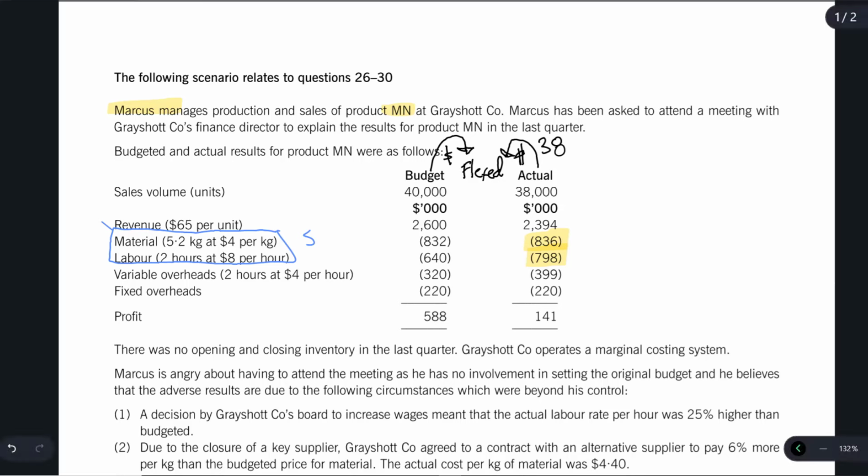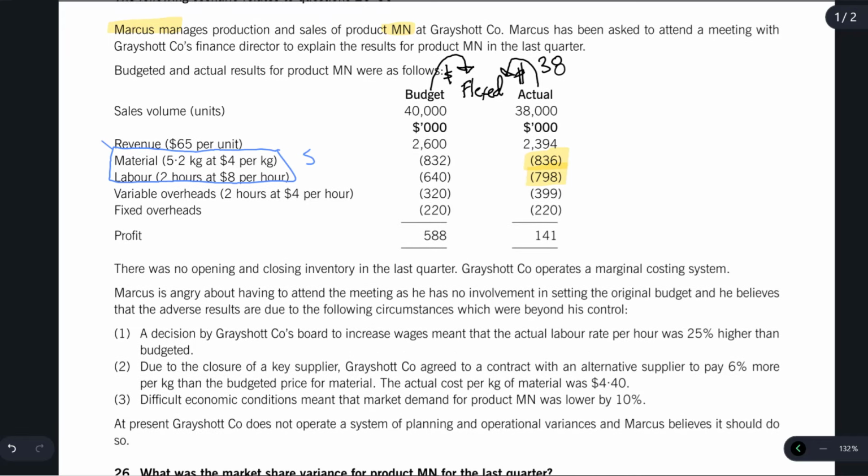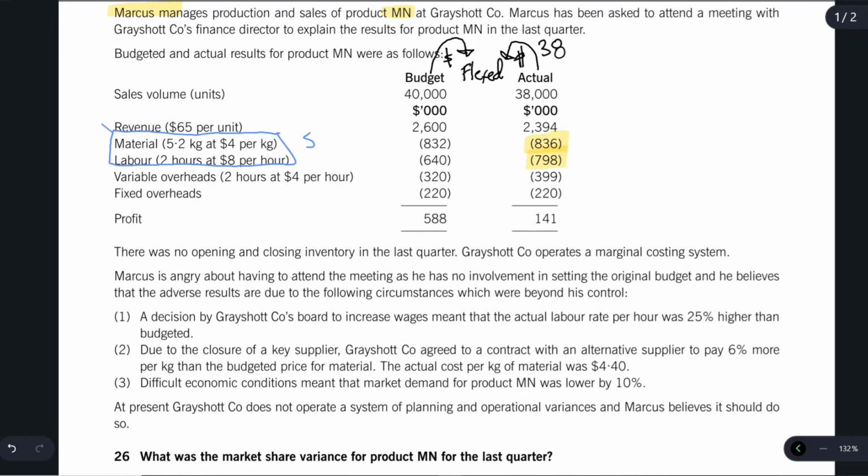So look at this. If we go into the notes now, we can get all the info that we need. We can discover that the actual rate was 25% higher than the budgeted rate. So if the actual rate is 25% higher, 8 times 1.25, that will be $10, the actual rate, okay?